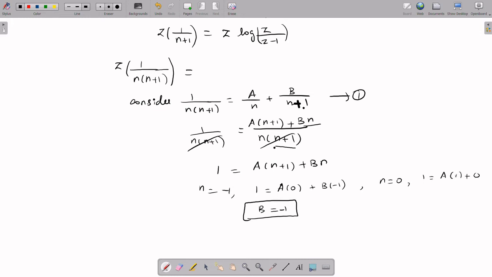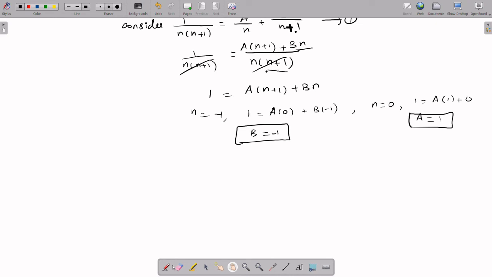So a is equal to 1. Okay, substituting a and b values in equation 1. So substituting a and b in equation 1, we get 1 by n into (n plus 1) is equal to, the value of a is equal to 1.